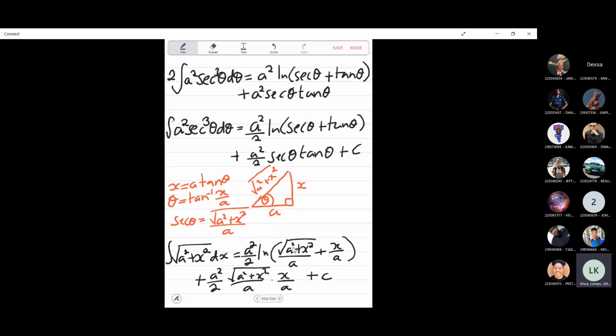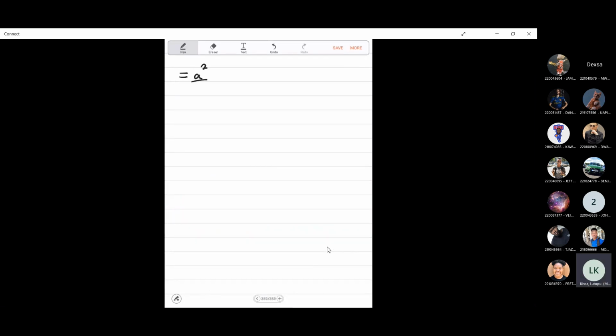So you'll have the square root of a squared plus x squared plus x, then the whole thing is over a, and then you can split up your logarithm, and you have a squared over 2 ln of the square root of a squared plus x squared plus x, minus a squared over 2 ln of a, and that is a constant.